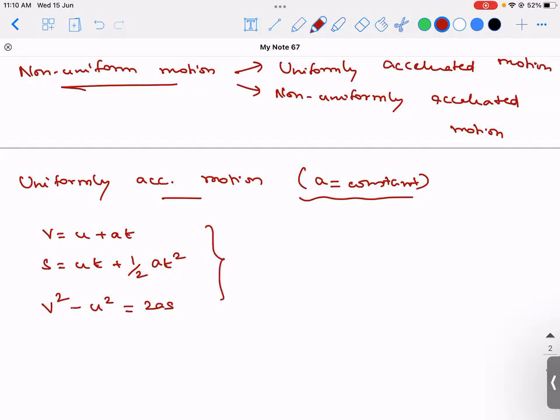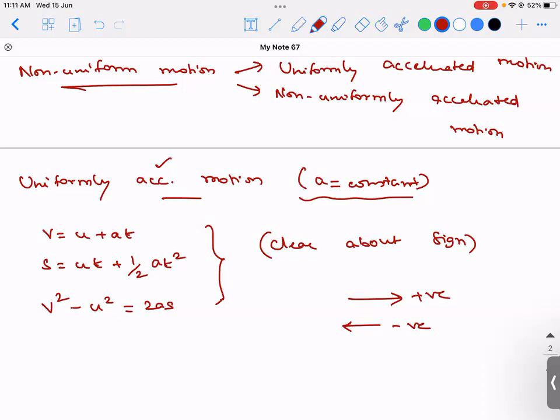While applying them, the only concern is you need to be clear about the sign. If you take one of the directions to be positive, then the other direction will by default be negative. Uniformly accelerated motion can happen either along the horizontal line or along the vertical. Horizontal means generally a car moving or a cyclist moving on a road.